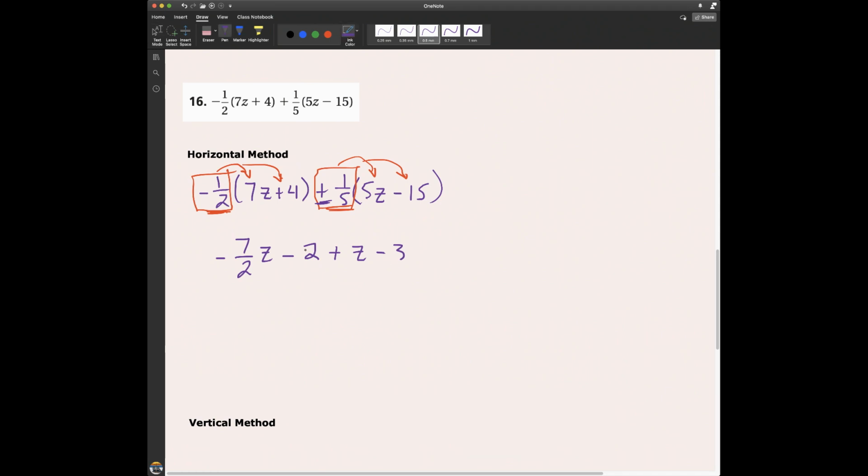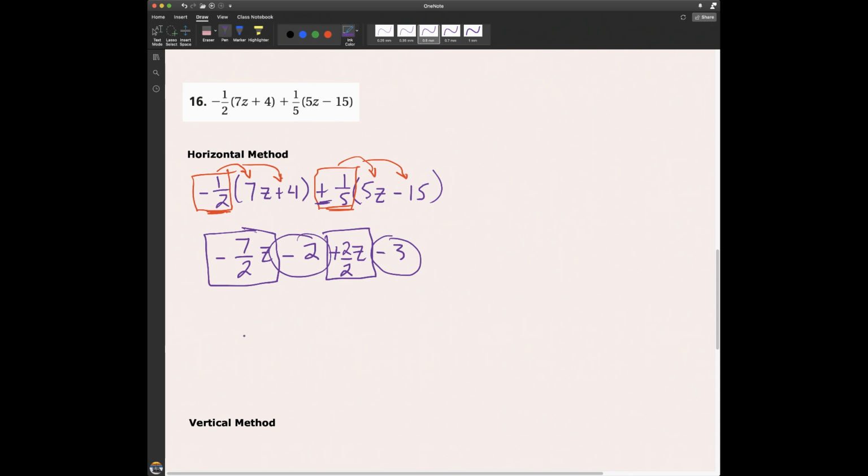And then from this part, I can go ahead and find my like terms. There's like terms there, and these are like terms here. I can go ahead and combine them. And I do want you to get to the point where you can just identify the like terms and combine them here. So let's try this. Negative 7/2 z plus z, which I can write as 2 over 2 z, because 2 over 2 is just 1, and 1 times z is just z.